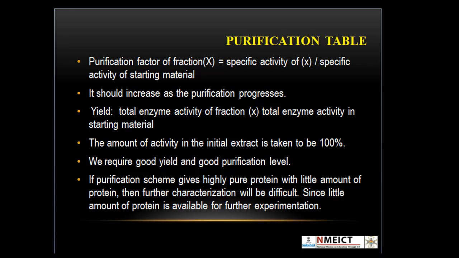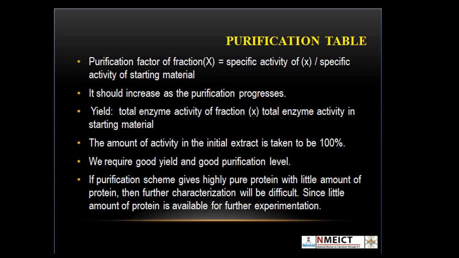Yield. We need to determine the total yield of the enzyme activity of a fraction. The amount of activity in the initial extract is taken as 100%. We require a good yield and a good purification level.